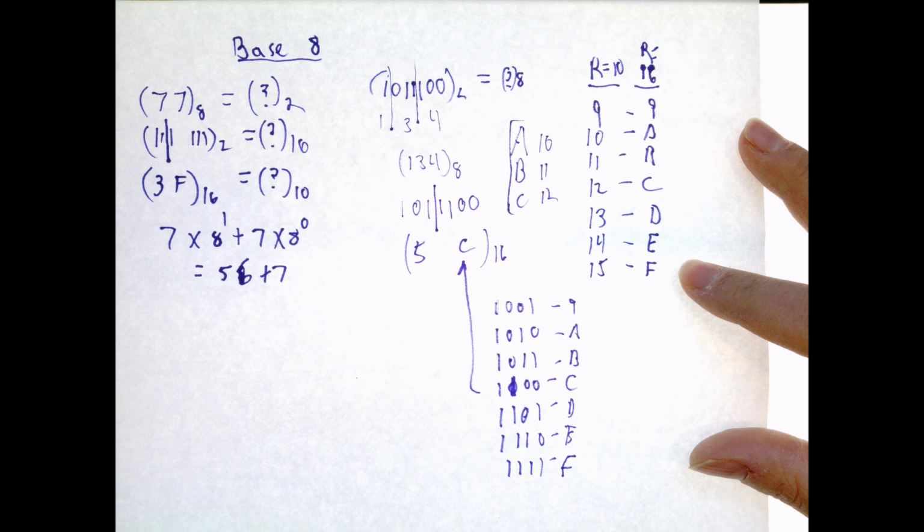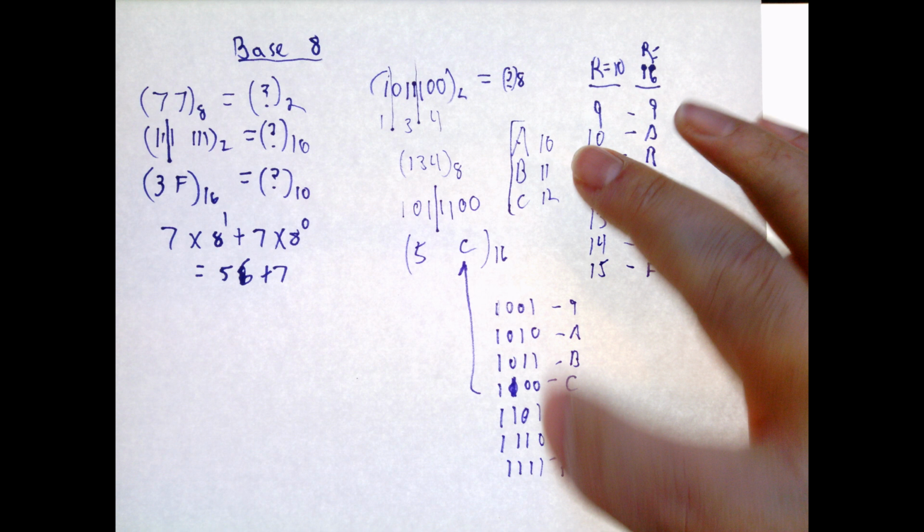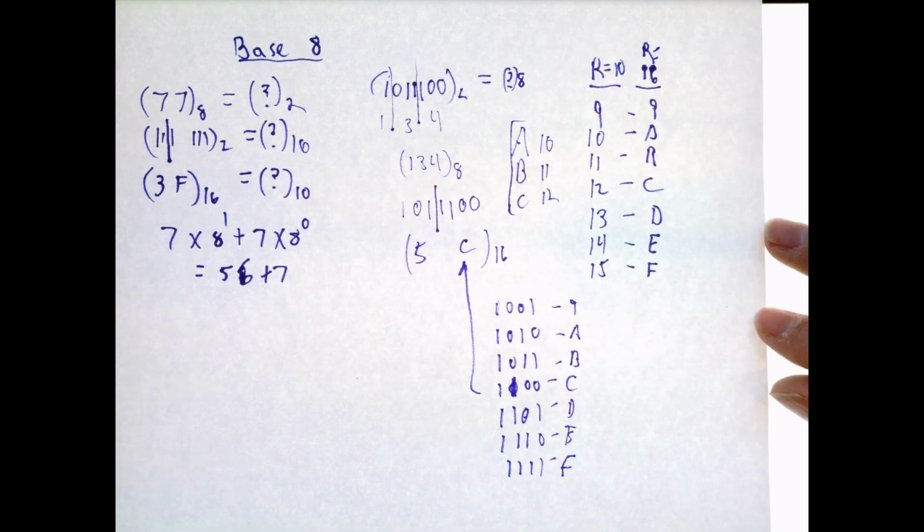So we have a direct mapping between the symbol on the right and the binary on the left.